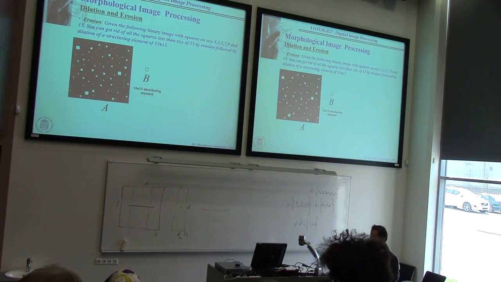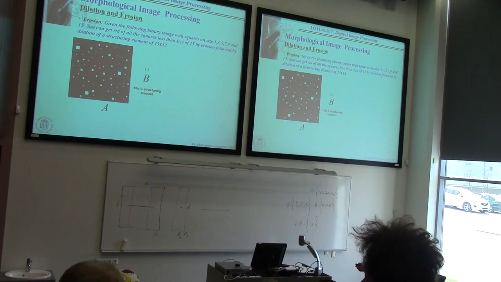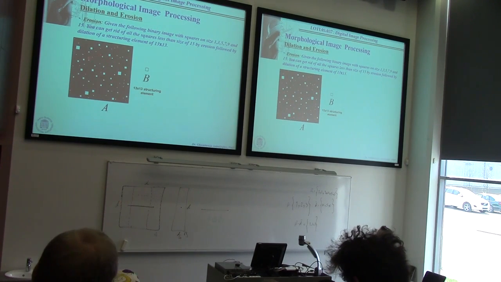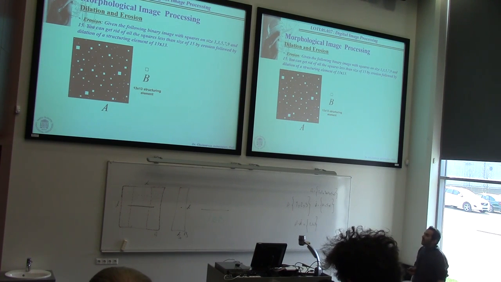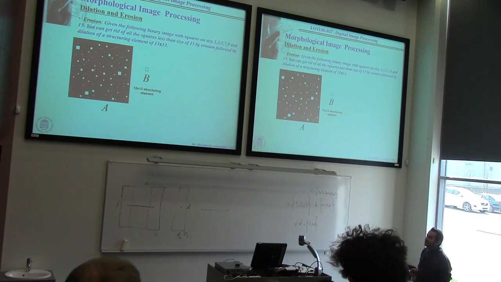In an image, assume that we have an image like this. There are lots of squares here, and we have a structural element like this, 13 by 13. The size of B is 13 by 13, and we know that the size of some of these squares is less than this, because visually we can easily detect this.